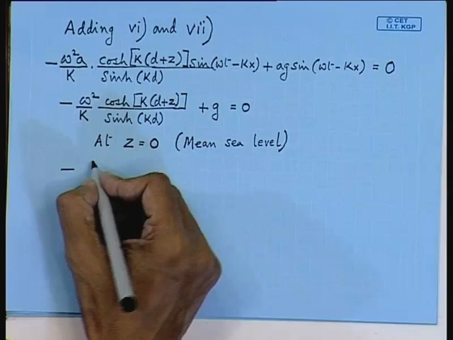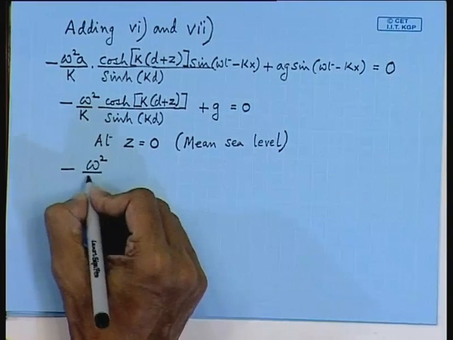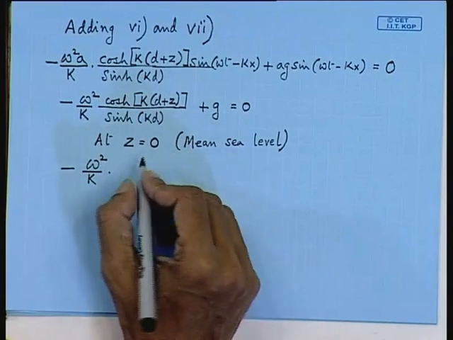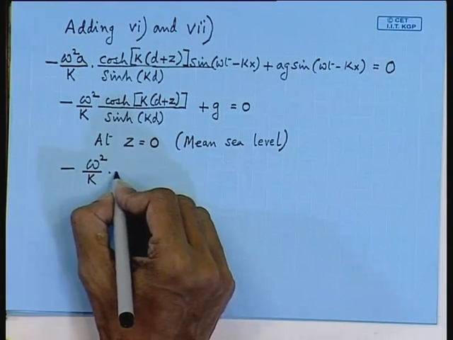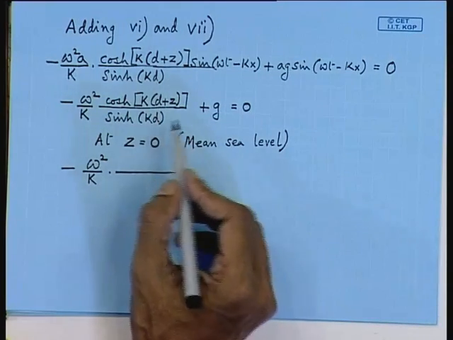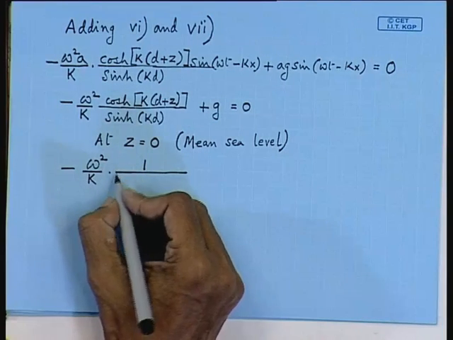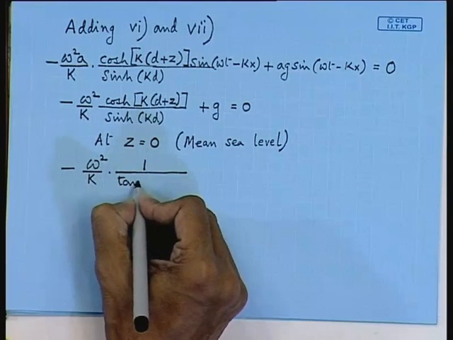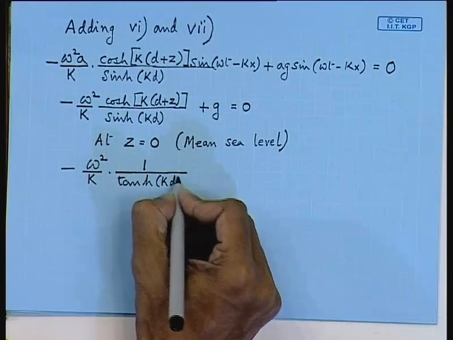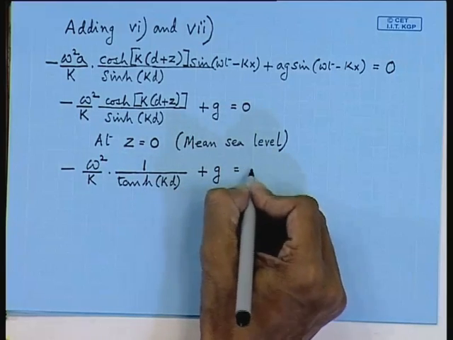So this will be equal to minus omega square over k, cos hyperbolic kd divided by sine hyperbolic kd. Your z is vanishing, right? So this will be 1 over tan hyperbolic of kd, plus g equal to 0.